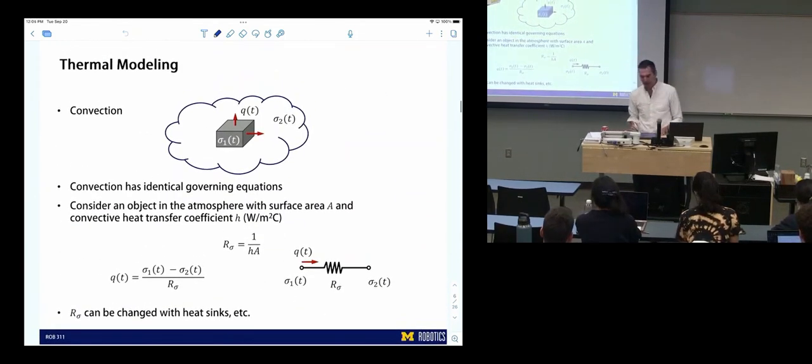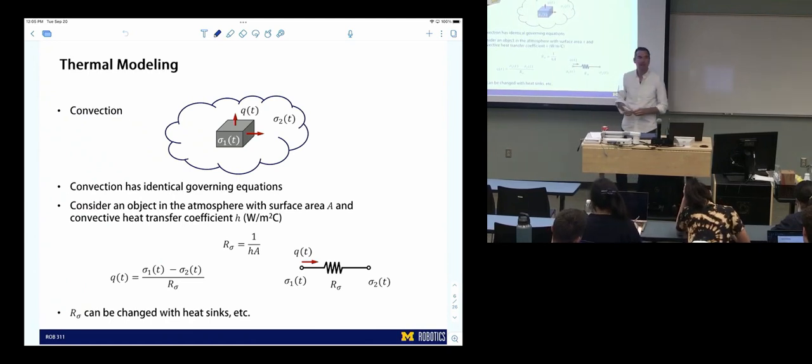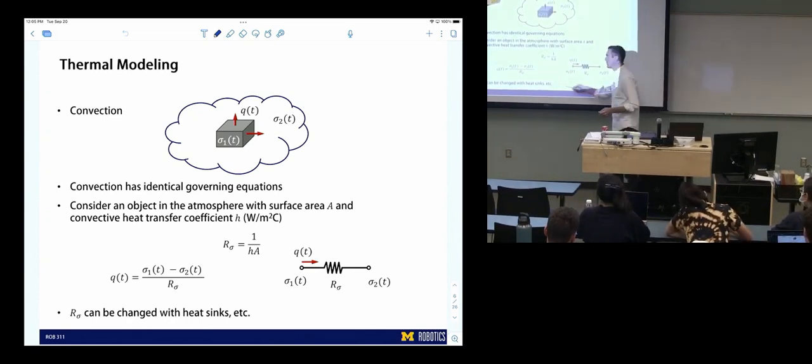We talked about convection, which had a similar rationale. It also has a thermal resistance, which means it's losing heat energy through this resistor, and it's also a function of the shape and interface properties defined by the heat transfer coefficient H. Depending on the two different properties used, or if the ambient is a liquid instead of a gas, that really affects this, and we can change our thermal resistance by using heat sinks, which is super common.